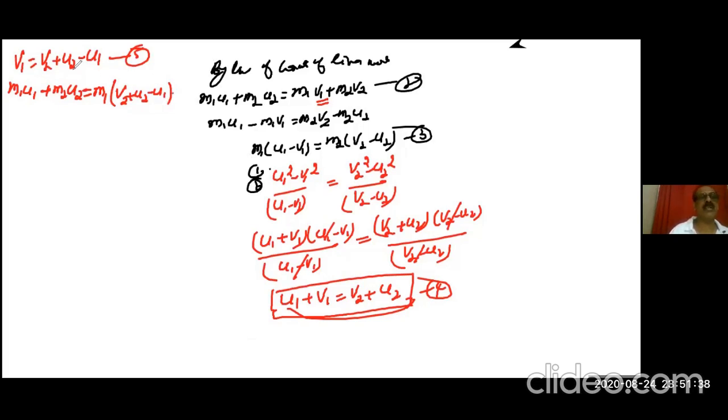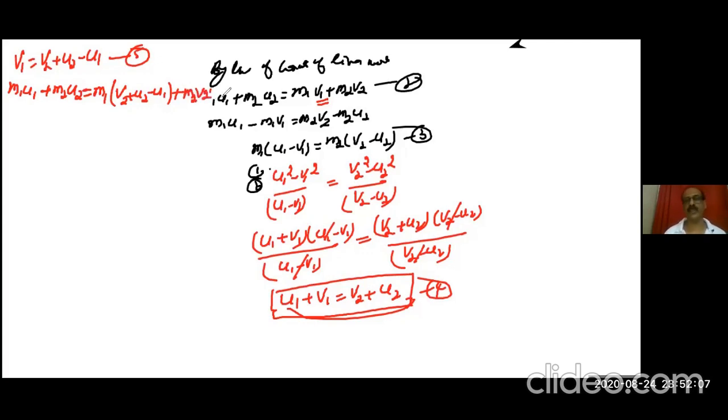M1 U1 plus M2 U2 is equal to M1 times, instead of V1, V2 plus U2 minus U1, then plus M2 V2, right? Yes, M2 V2.